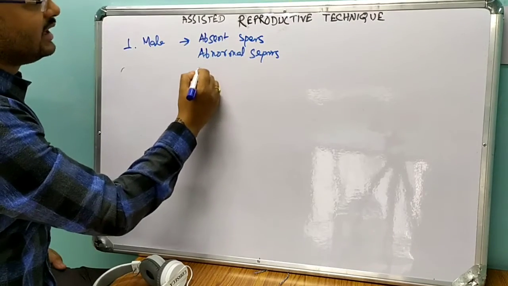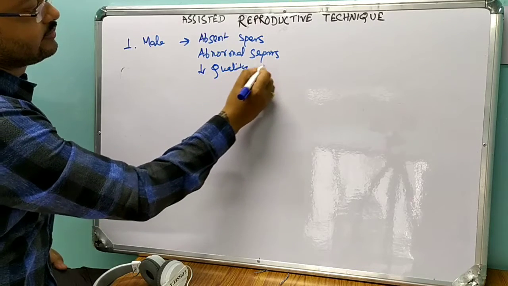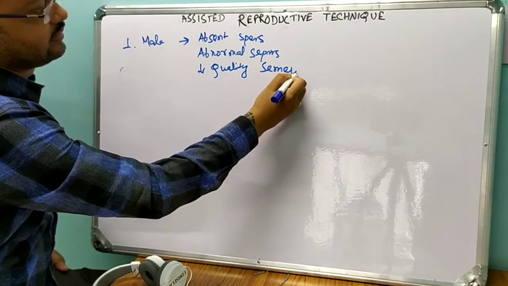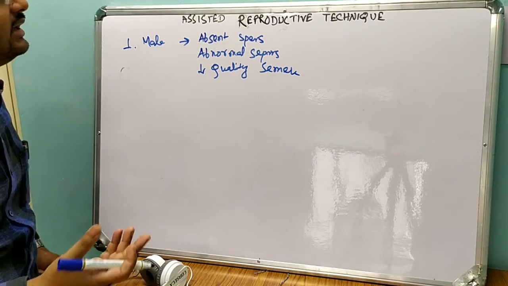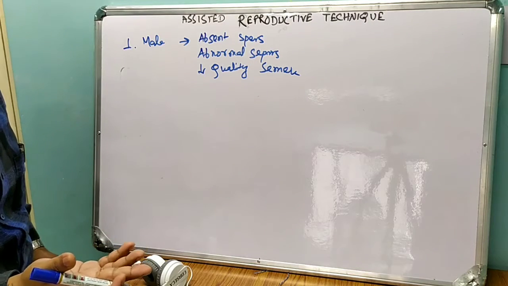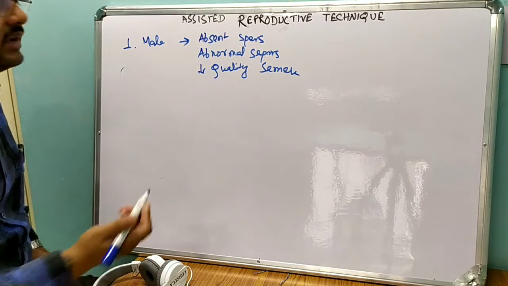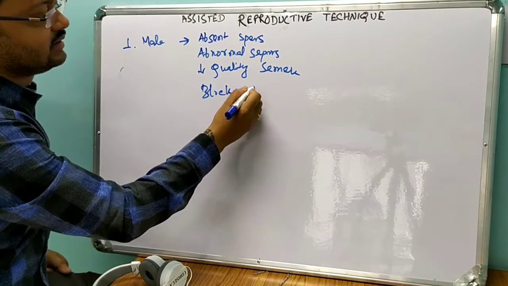There might be inferior quality semen. And finally, there might be some blockage in any of the tract carrying the sperm line, in the urethra, or in the vas deferens, so any kind of blockage might be there.